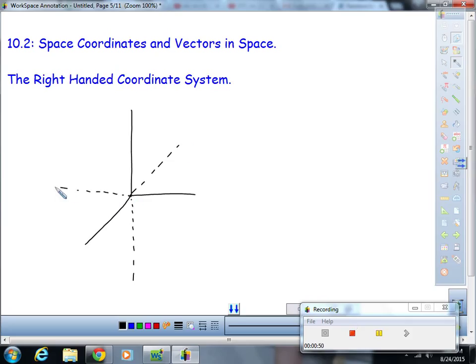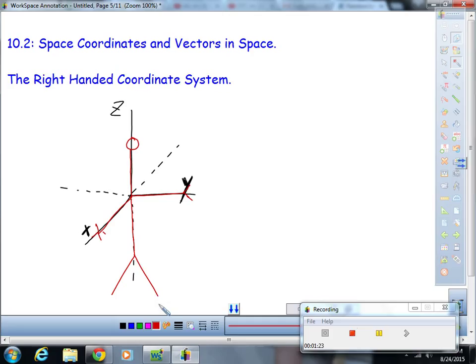We use a right-handed system exclusively in our book, and what that means is that we have positive x as the right hand, positive y as the left hand, and then z as the head. So if you can imagine this as a person, this as their right hand, their left hand, and their legs down like that.